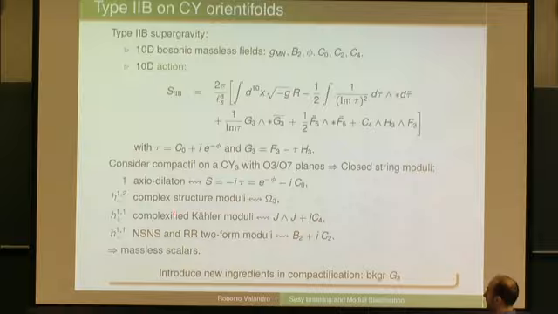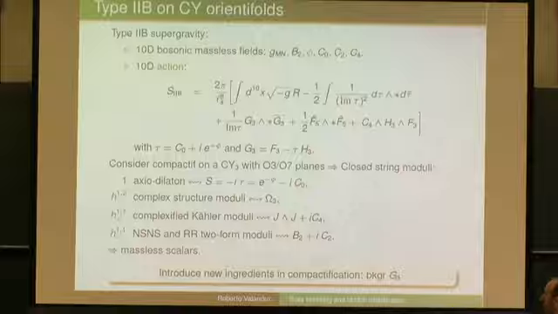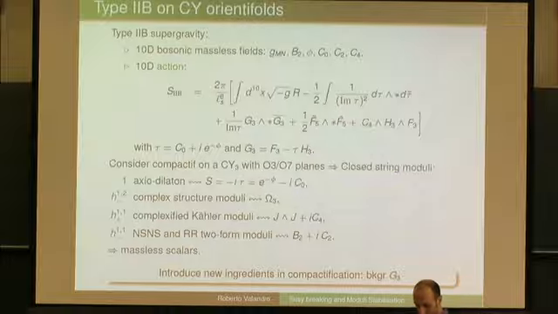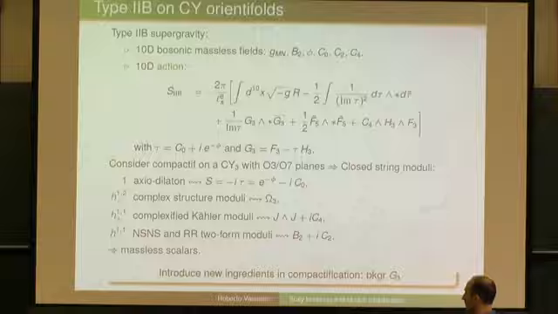This number, the (1,2) forms that are odd under the orientifold involution, counts the number of complex structure moduli that survive the orientifold involution. h11 plus counts the Kähler moduli that survive the orientifold involution, and h11 minus is the number counting these scalars here. Okay, so we have these massless scalars, and we have to introduce new ingredients to stabilize them.